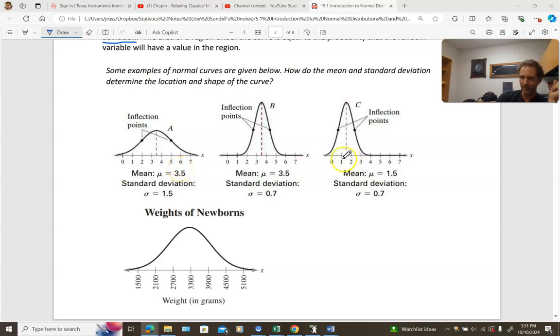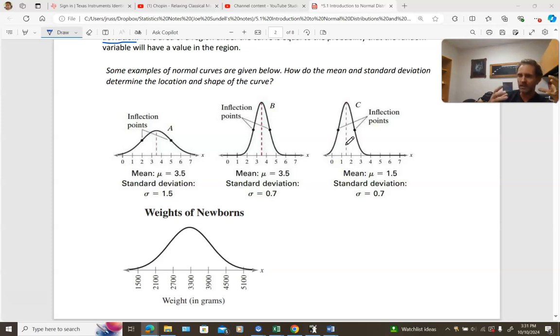Now let's look at this other one here. This other one's centered at 1.5 because that's where the mean is, and then its standard deviation is 0.7. So you cannot say how spread out the distribution is, just from the raw distribution, unless you know both the standard deviation and the mean.